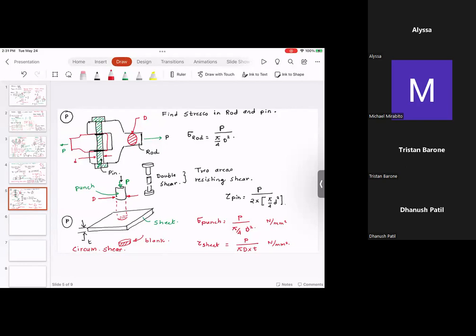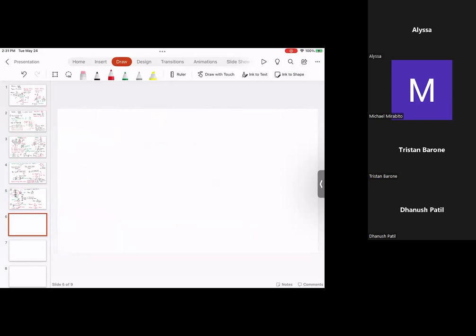Let me go to the next topic on the agenda, which is design of Cotter joint. Now, what is a Cotter joint? So if you think about it, let me try to draw a three-dimensional sketch of a Cotter joint. So bear with me.